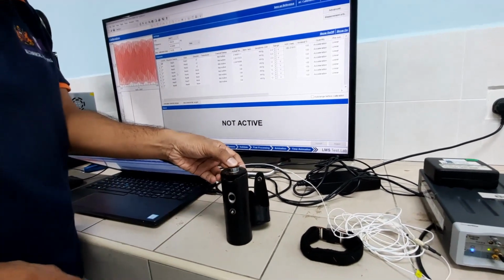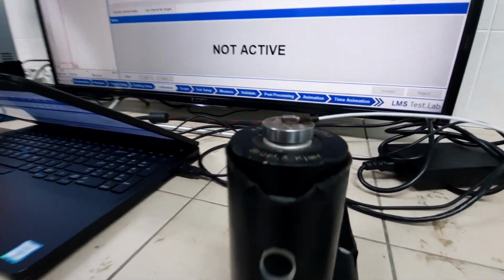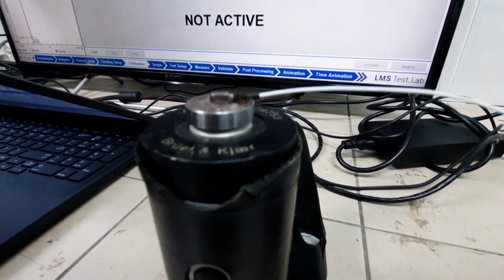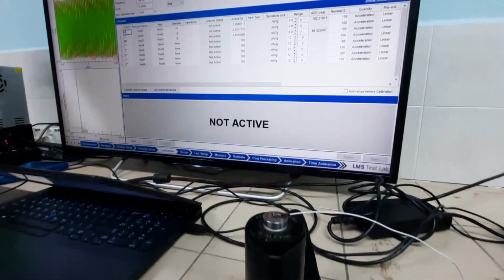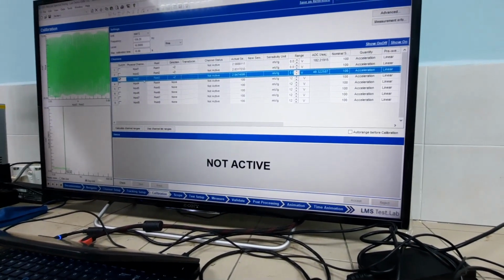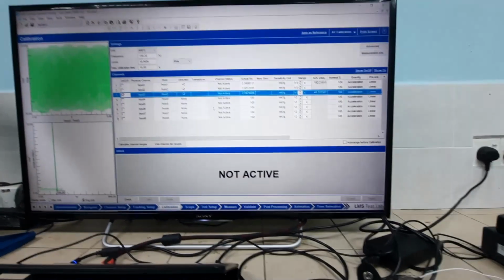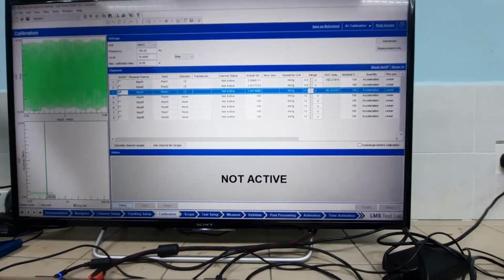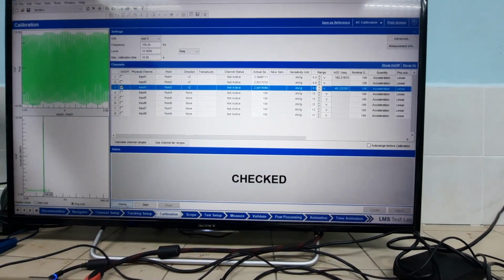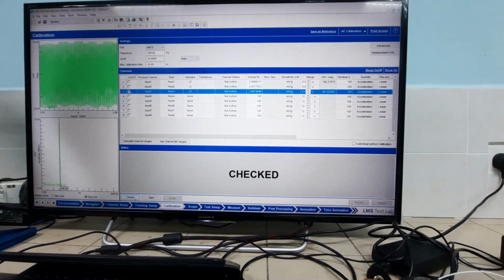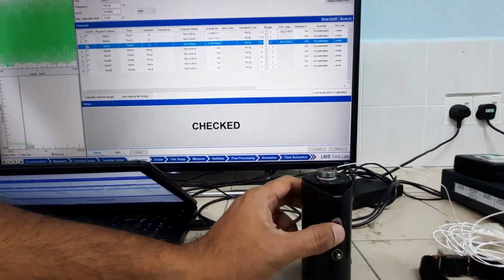Back on the screen, we take channel number 3, which is point number 3 in the plus Z direction. First we check it, then we switch on the calibrator.